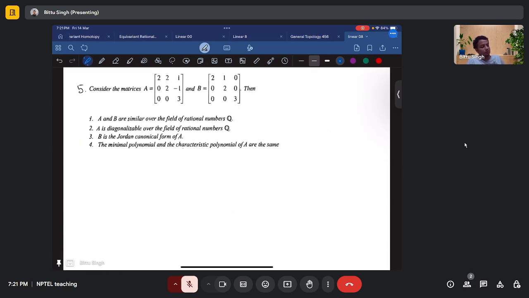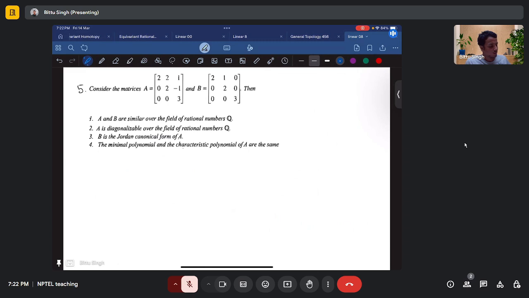Now question 5. First, A and B are two given matrices.